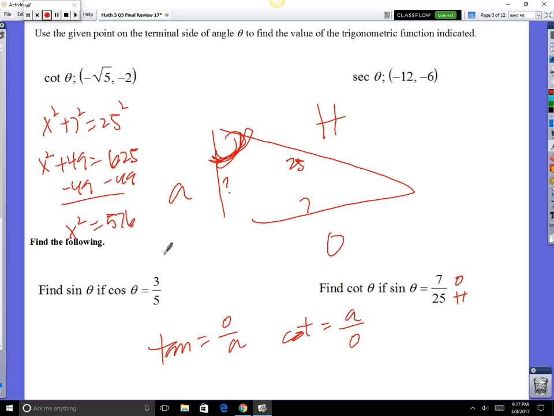And that is probably not a perfect square. Square root of 576. Oh, sweet, it is. Square root, x is 24. So that is a perfect square. And we want adjacent, so we want 24 on top and opposite, 7 on bottom. 24 sevenths.